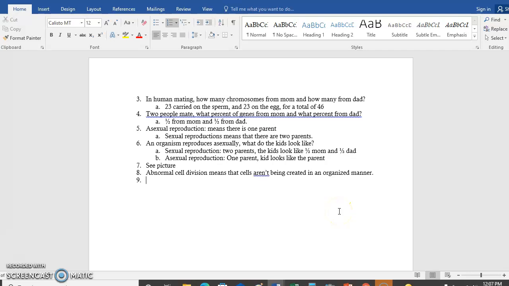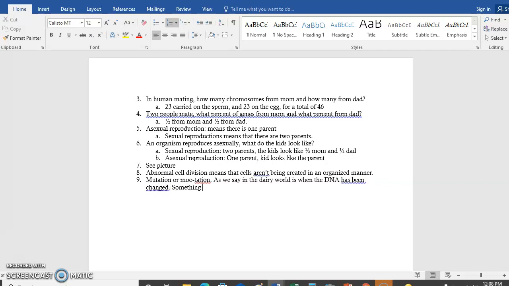A mutation, or mutation as we say in the dairy world, is when the DNA has been changed.